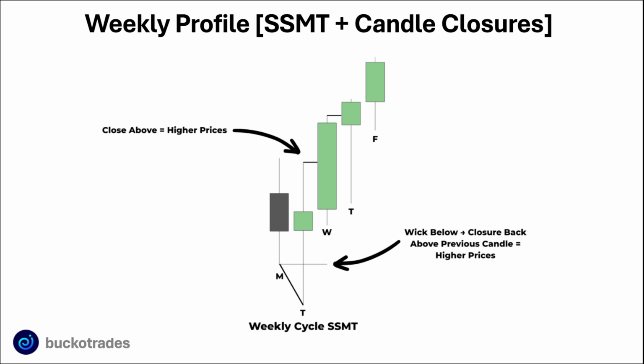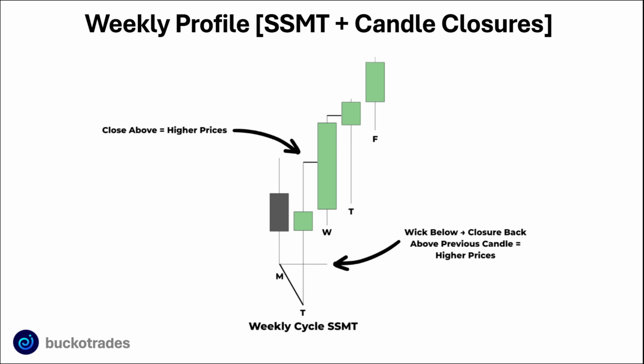Tuesday then closes back inside of Monday's range after wicking below Monday's low, while also putting in that weekly cycle SSMT, okay? So SSMT and daily candle closures go hand in hand. If we don't have both of them supporting each other, then we can't trust it, okay? We find it very hard to trust if the daily candle closure doesn't align with what the weekly cycle SSMT is telling us, okay? So our reversal signature has begun on Tuesday.